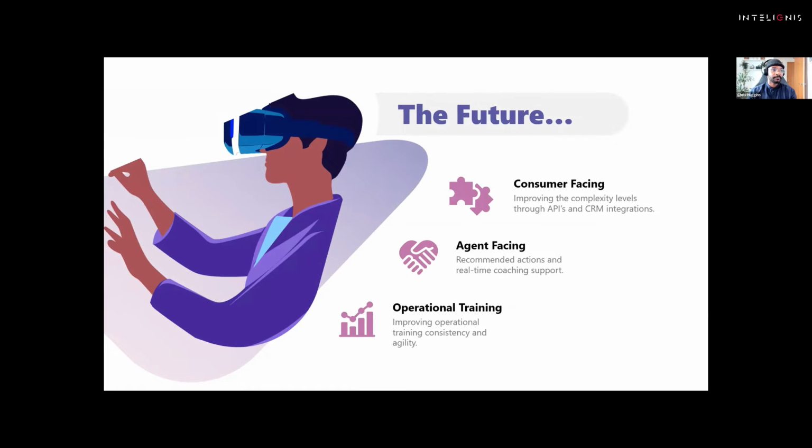On the consumer-facing side of things, I spoke earlier about the complexity matrix that we work off, and there are particular segments in that matrix that we simply steer clear of at this point in our tenure. But the levels of complex intent resolution can be improved with the evolution of APIs and CRM platforms.